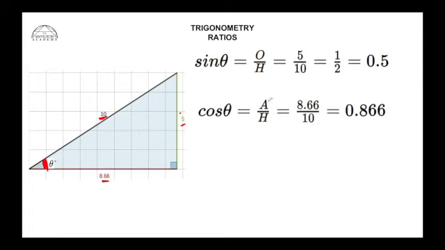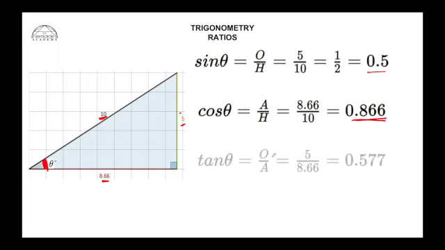So the adjacent over the hypotenuse, the cos of the angle, is 0.866. Remember, we haven't found the angle yet. We found the sine of the angle, which is opposite over hypotenuse, and the cosine of the angle, which is adjacent over hypotenuse.